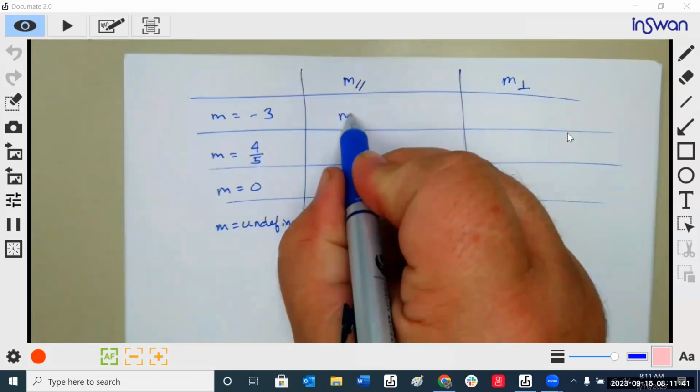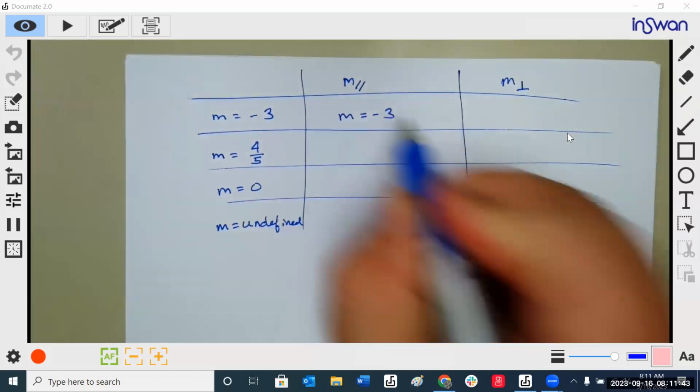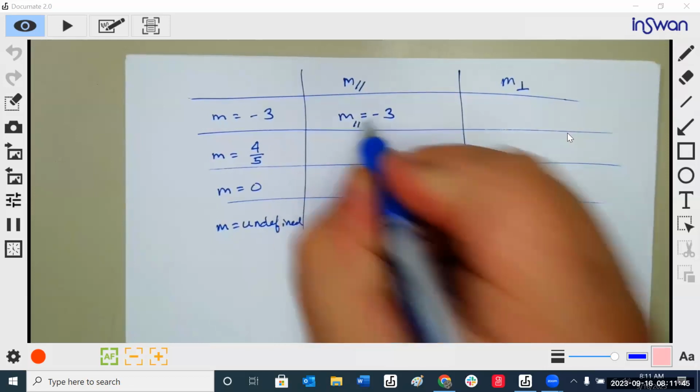So this one's going to be -3. That's the slope parallel.